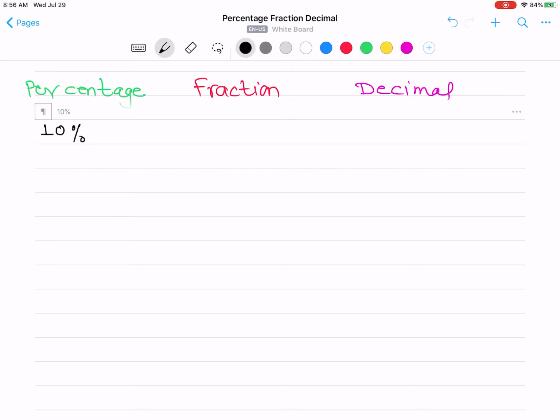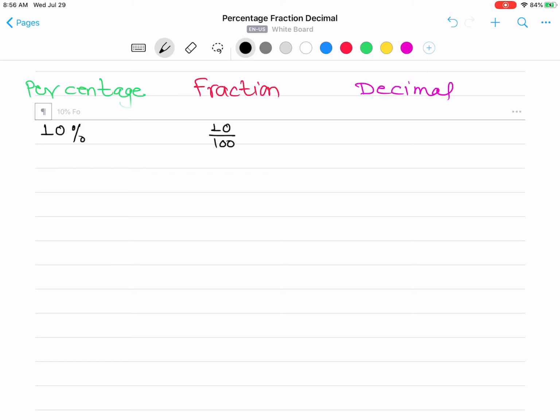This is simply in the fraction 10 out of 100. 10% is always 10 out of 100. In the decimal, you have to divide this 10 by 100.